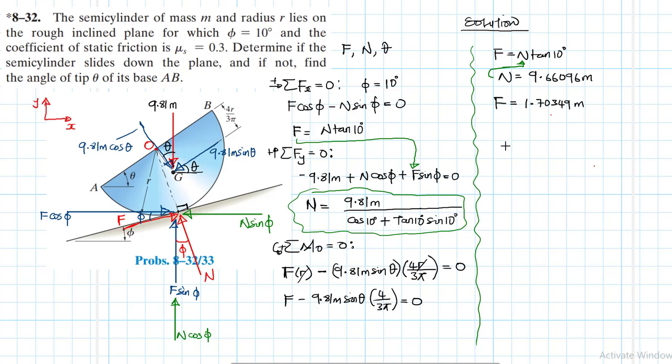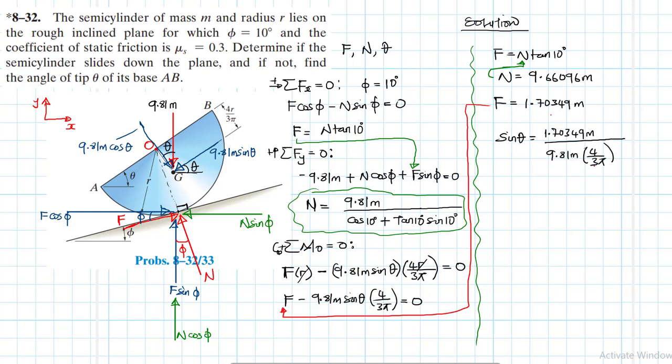So replacing this F value here and making sine theta the subject of the formula, we'll have sine theta equal to F, which is 1.70349 m, divided by 9.81 m times 4 divided by 3 pi.